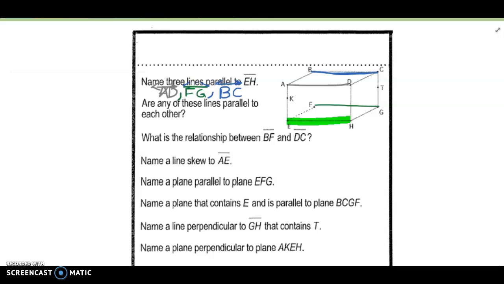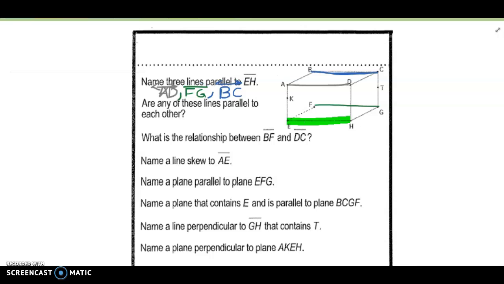Now the reason BC, some of you are thinking, well, that's not on the same plane. Well, think if we drew like from here to here and from here to here, like a diagonal. This would be one plane. Okay, then these two lines would be on the same plane, but they would never intersect.